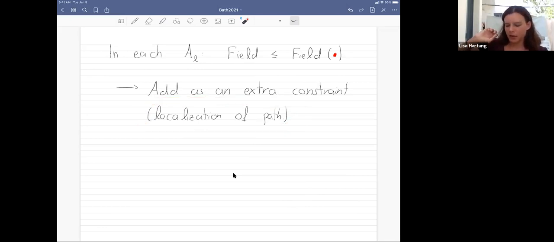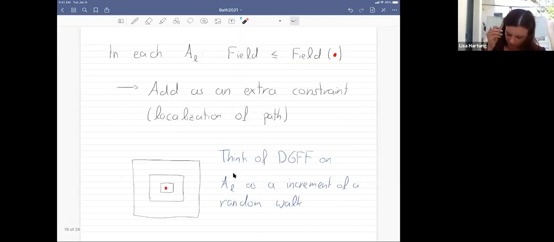So we have a fake branching, we have a fake path, and this fake path also has a fake constraint to fulfill, and this comes from the fact that the field needs to be less than or equal to the field value at the peak. This can be made more precise, but we're going to think about each of these boxes as one increment of a Gaussian random walk.